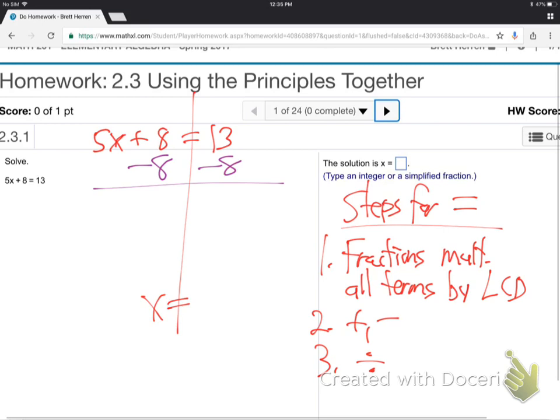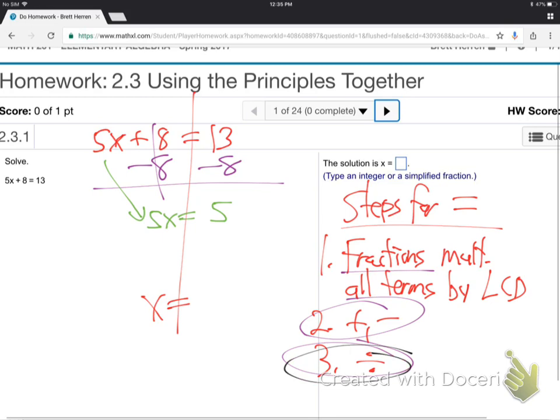Subtract. That's what I mean by do adding, subtracting first. Dividing last. We didn't have any fractions on this one, so we'll be skipping step 1 for a few problems here. So subtract 8 from both sides, and then we bring down the 5x, and that's 5. Good so far? Now X is still saying I want to be alone. What's the last step on every solving problem? Divide.